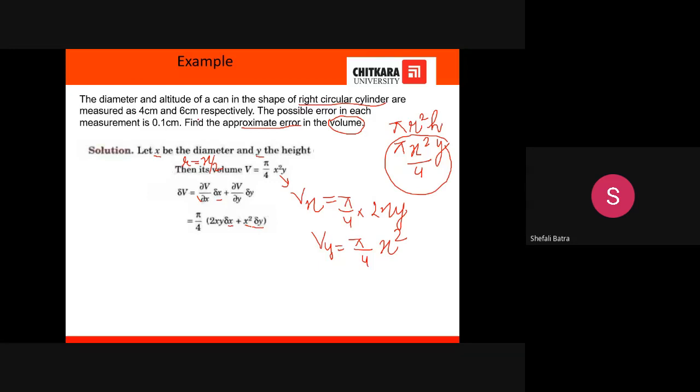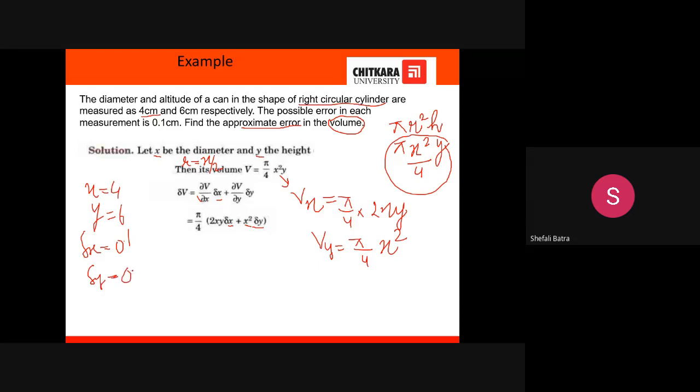Right? Now x is given to you. What is x? Diameter. x is equal to 4. What is height? y, that is equal to 6. And possible error in each measurement, that means delta x is equal to 0.1 as well as delta y is equal to 0.1.